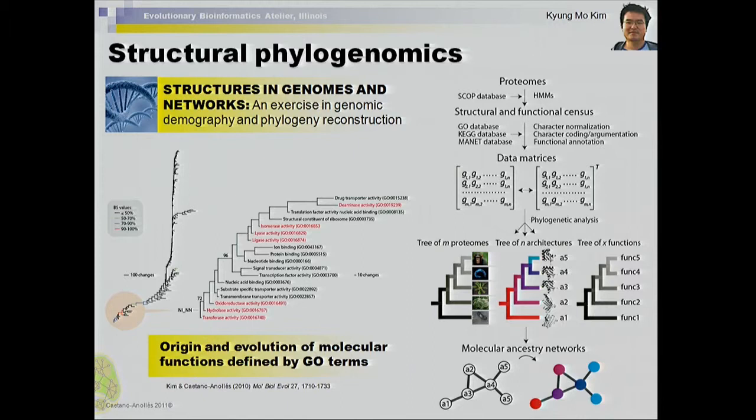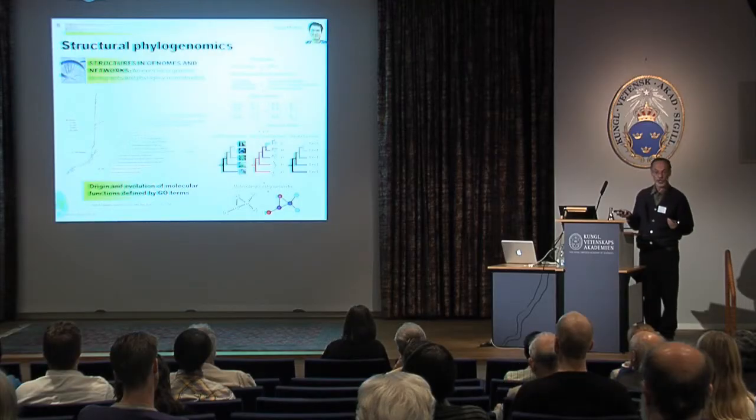The third approach, which has been pioneered by Kyung Mo Kim also in my lab, has been to use the link between structure and function, and just use the gene ontologies, like the one that is published in the Gene Ontology database, to make consensus and generate now a phylogenomic tree of functions, where the leaves of the trees are basically the gene ontology classifications.